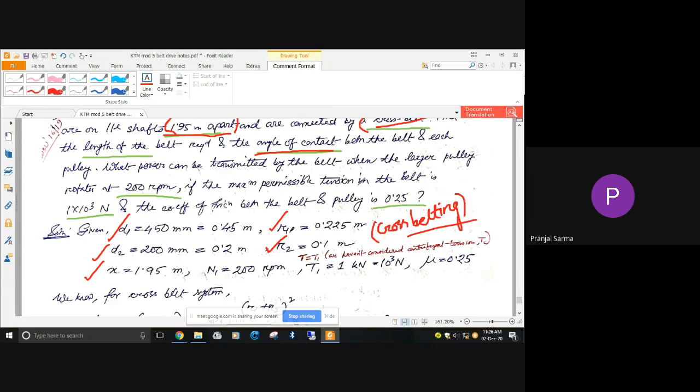Next, they are also asking what power can be transmitted if the larger pulley rotates at 200 rpm.